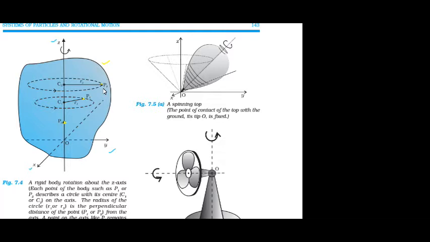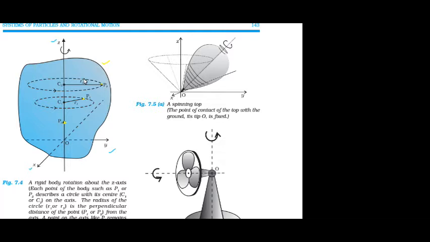P2 lies at a distance r2 from its center, that is C2, whose radius is r2, and the third point P3 lies on the axis of rotation, that is the Z axis.